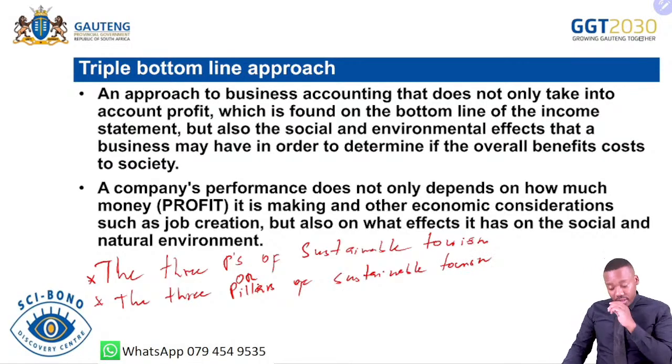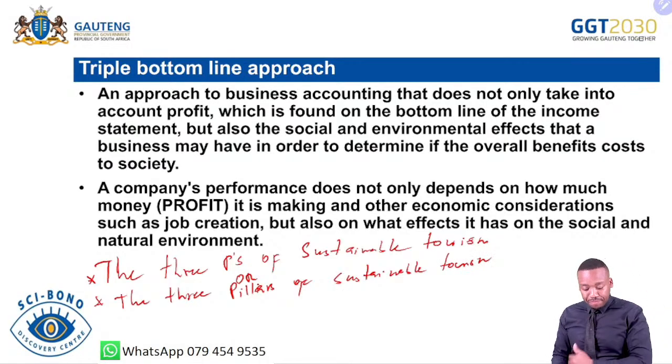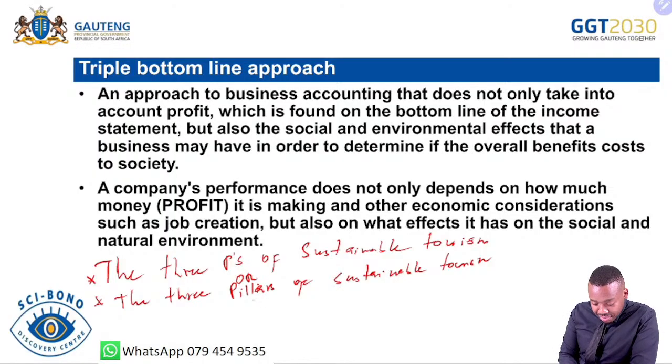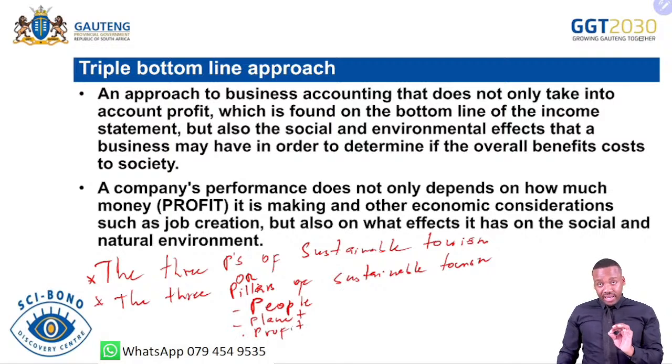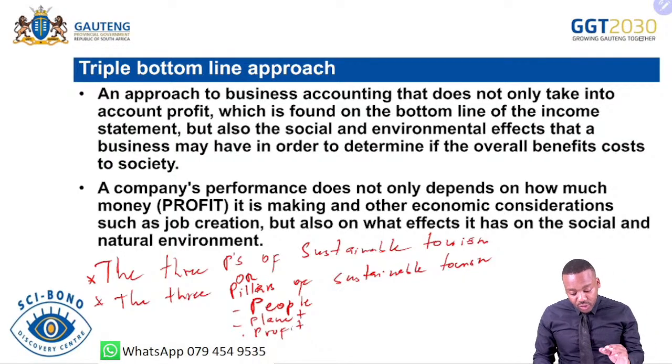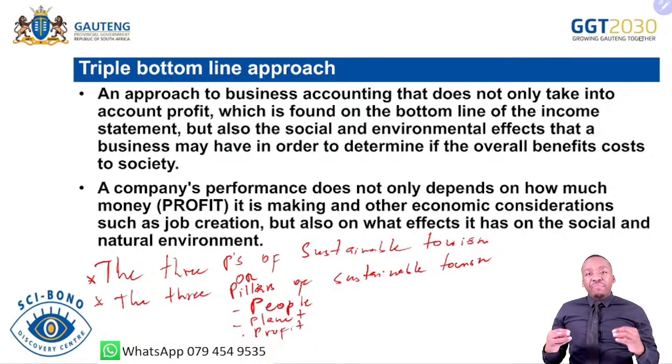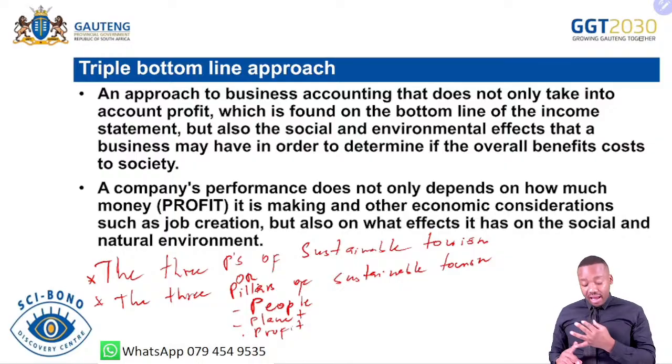What are we talking about here from grade 10? We're talking about the people pillar. It is people, planet, and profit. This was grade 10, right? We said we are talking about what? The impacts that tourism can have on people, on planet, and also on profit.